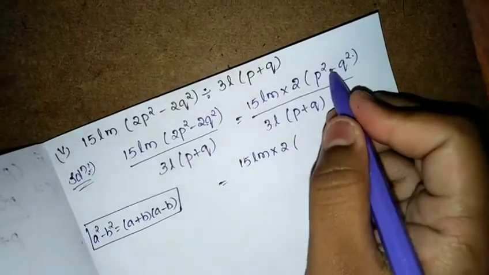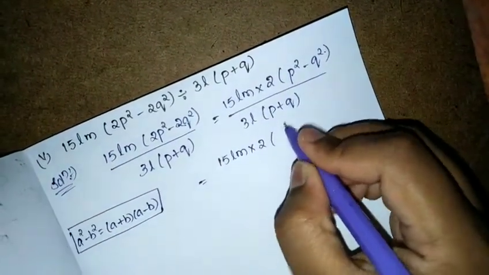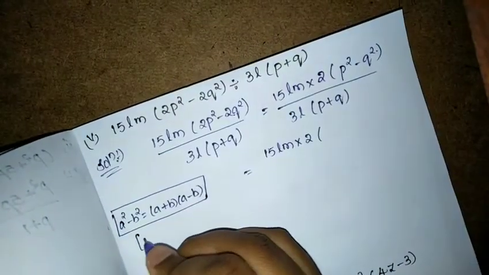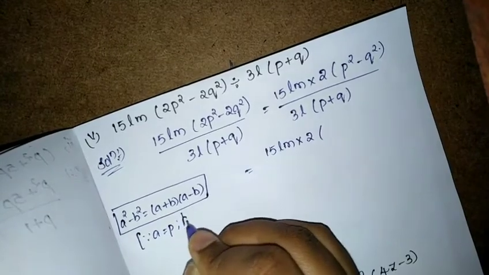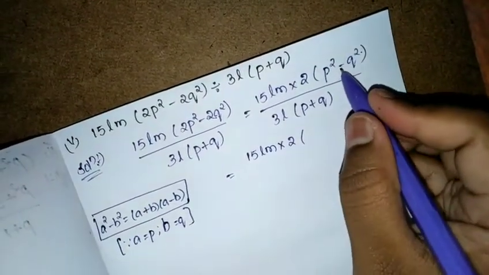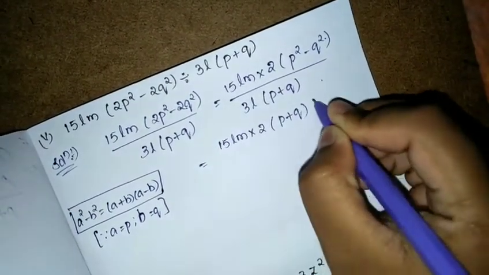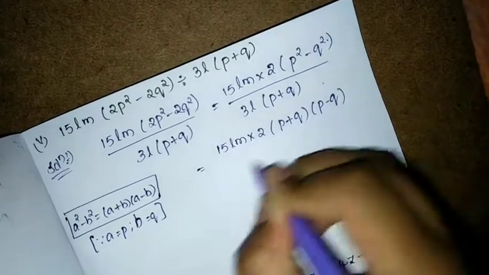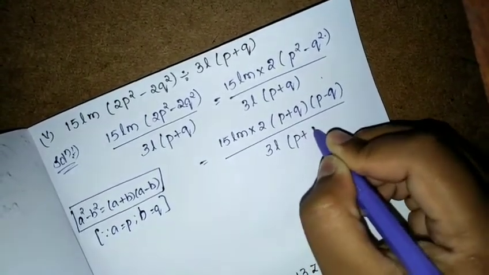We can substitute this in this formula. So here a equal to p and b equal to q. So you can write a plus b into a minus b like this here. p plus q into p minus q divided by 3l into p plus q.